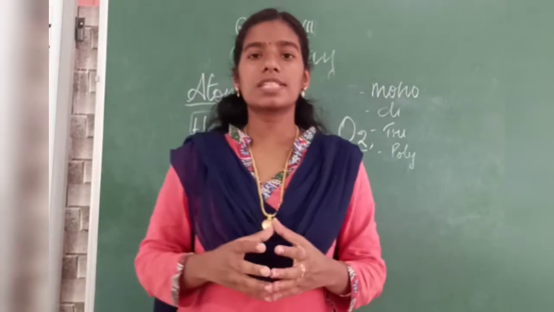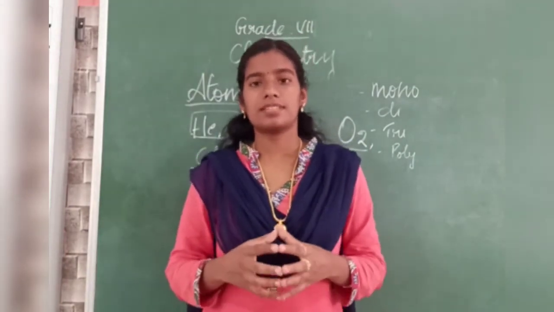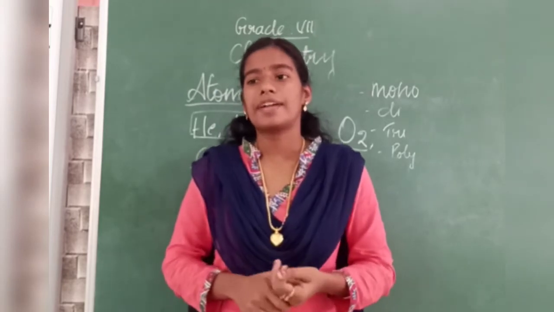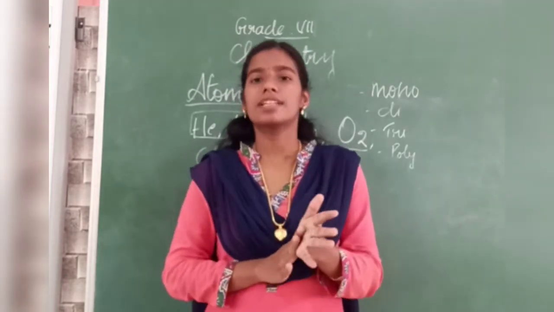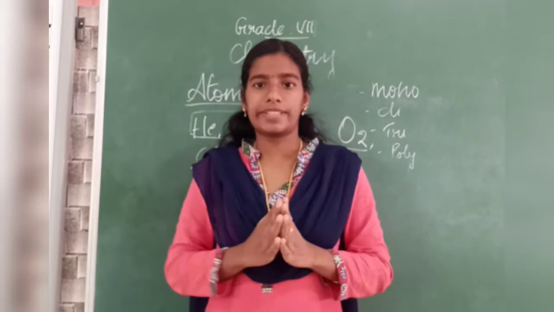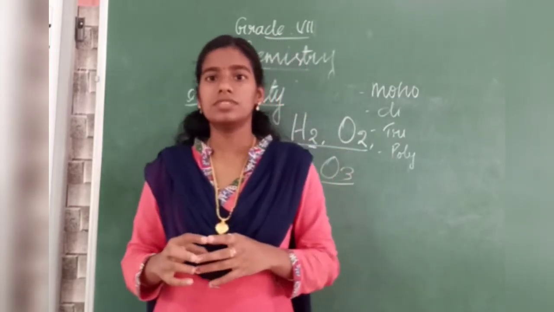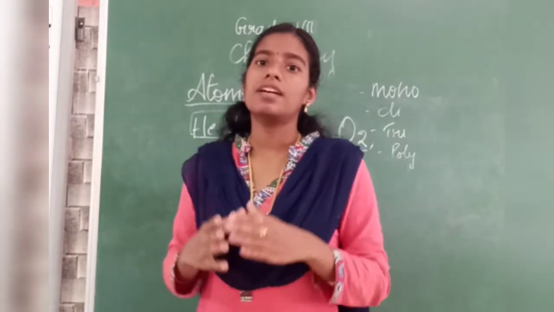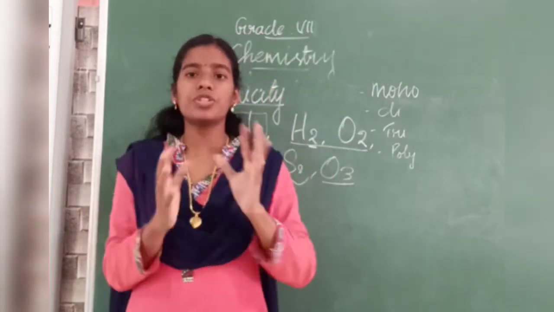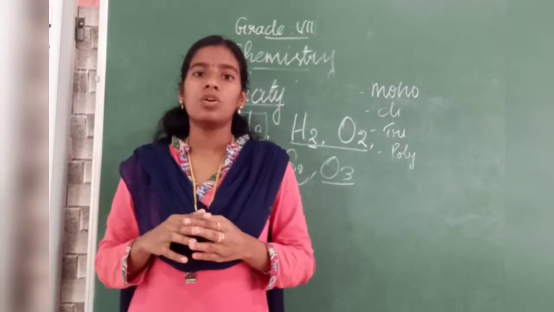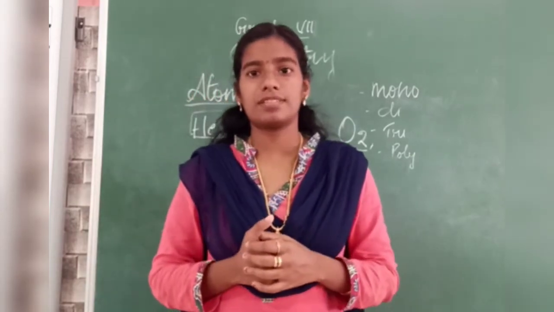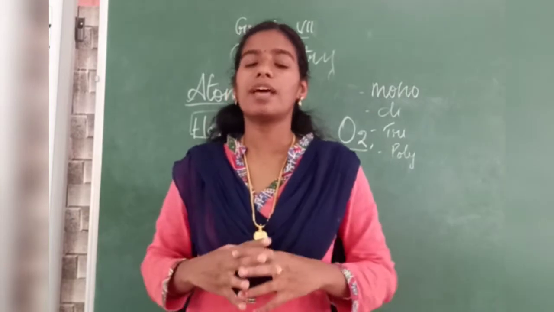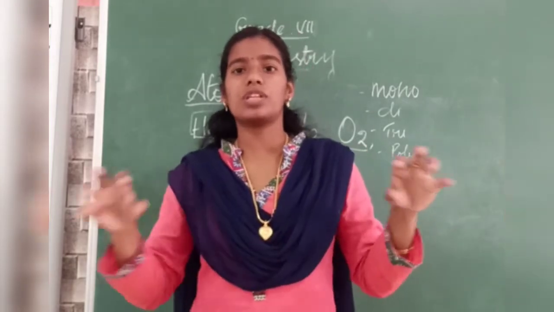So what are the things we have learned in today's class? We have started with atomic structure, the unit type, then atoms, molecules and particles. We have learned that the basic unit of matter is an atom. Then we differentiated between an atom and a molecule.